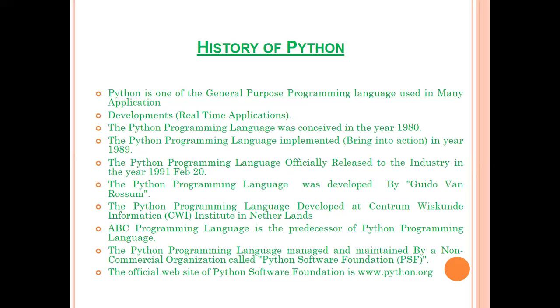It was developed at the Centrum Wiskunde & Informatica Institute in the Netherlands, and the ABC programming language is the predecessor of Python. It is managed by a non-commercial organization called the Python Software Foundation. As I've shown you, the official website is www.python.org, from where you can easily and freely download it.